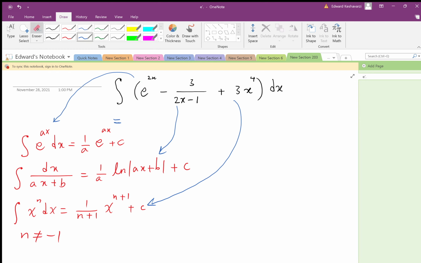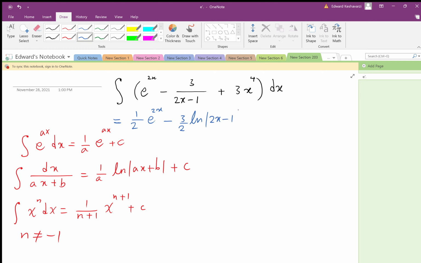Now I'm going to erase those arrows and let's take the integral. So the first one would be 1/2 e to the power of 2x. The next one would be 3 over 2 ln absolute value 2x minus 1. And finally 3 over 5 x to the power of 5 plus c. And we are done with this question.